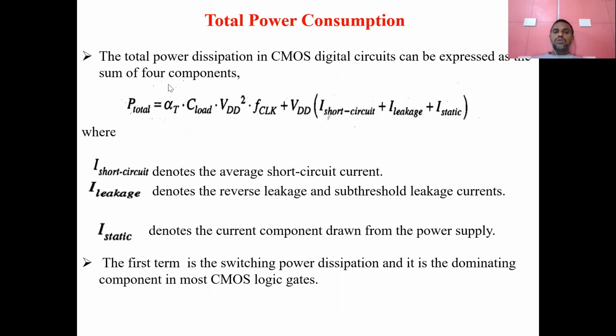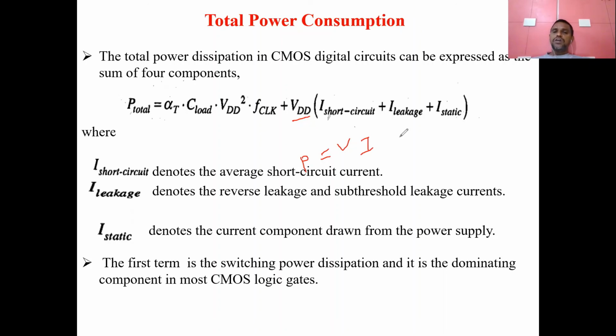Out of this, the first term is the dynamic or switching power consumption. It is the major contribution to the total power consumption. At the same time, if you observe here, I am multiplying the voltage with the current, and multiplying voltage with current gives us the power. Here VDD is the total voltage, that is the power supply, and it is multiplied with I short circuit, I leakage, and I static currents.